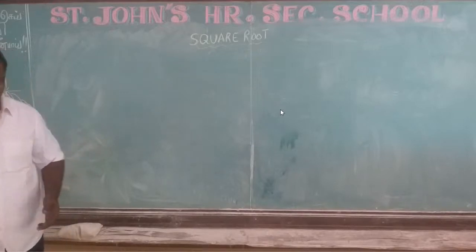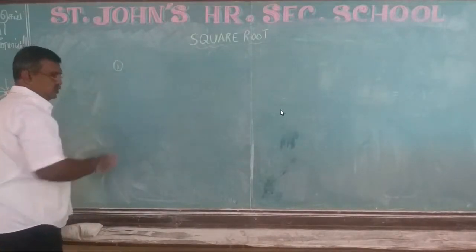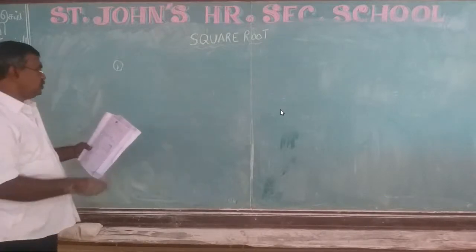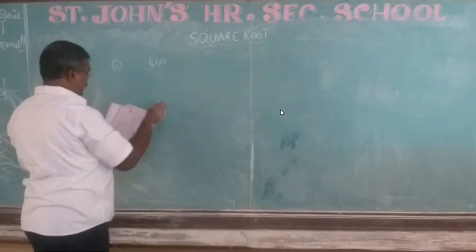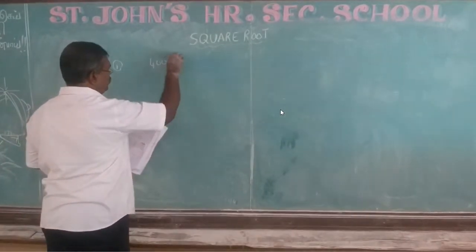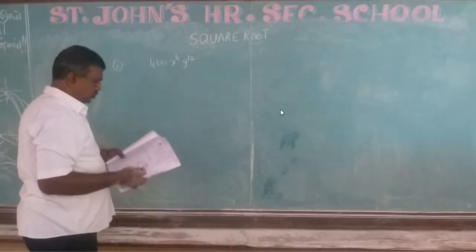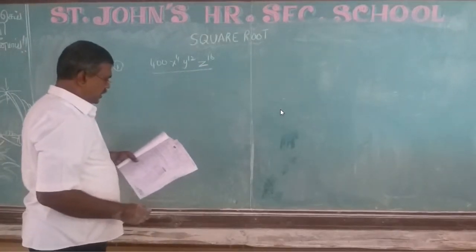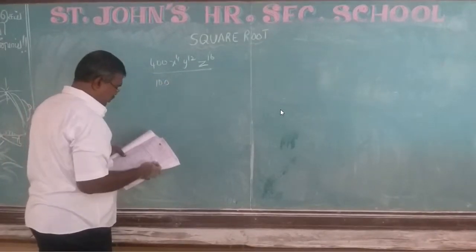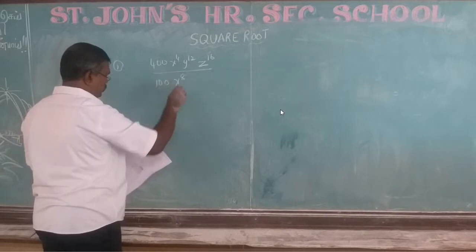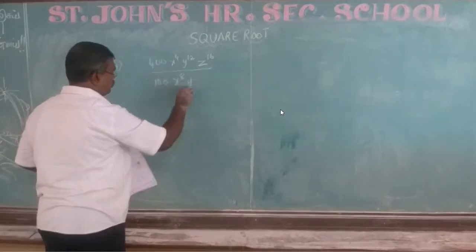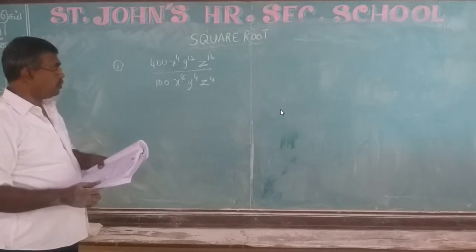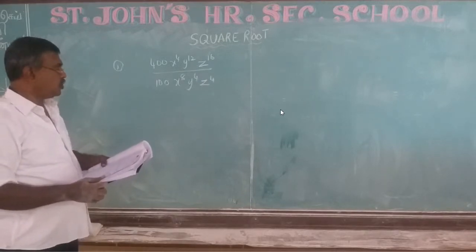Find the square root of 400 x power 4 y power 12 z power 16 divided by 100 x power 8 y power 4 z power 6.